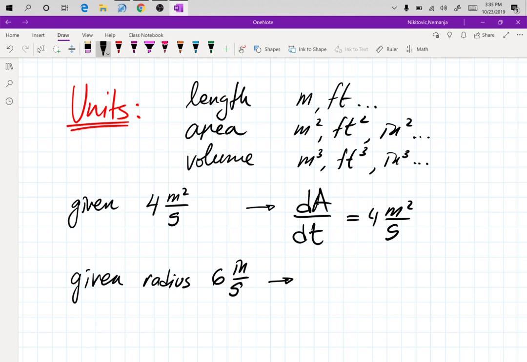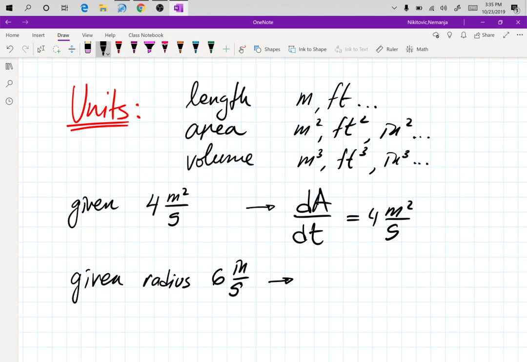If you have a problem like this, they would say an oil rig springs a leak and the oil spreads in a circular patch around the rig. If the radius of the oil patch increases at the rate of 30 meters per hour, so we have the radius which keeps growing as the oil spreads, and more area is affected by this oil leak.